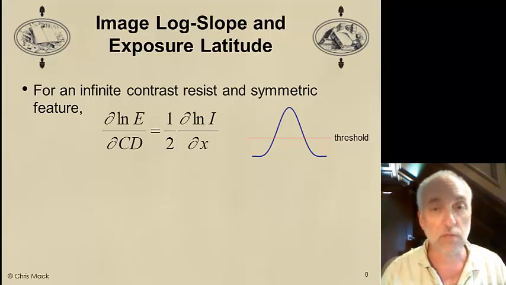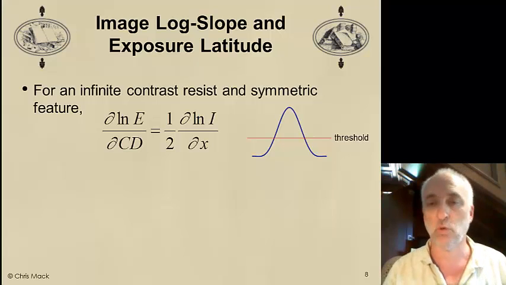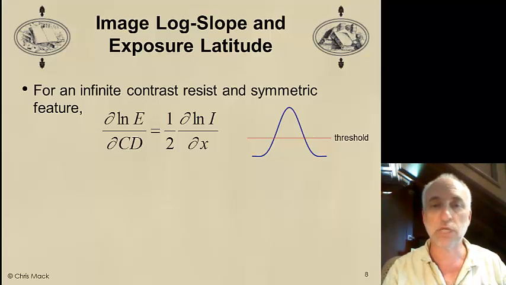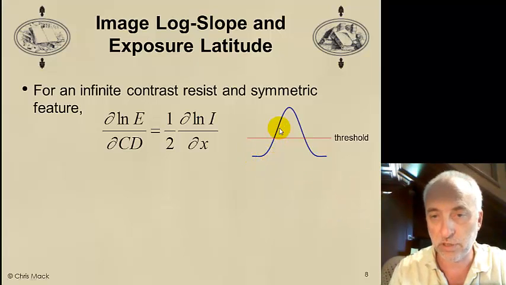But below that value, none of the photoresist washes away. I have a perfect threshold in dose that differentiates what portion of the resist will wash away and not. So if this is the exposure dose profile, exposing a wafer, and this is my dose threshold, all the doses above the threshold result in resist washing away, and the doses below the threshold result in resist remaining. And of course that tells me exactly what my CD is.